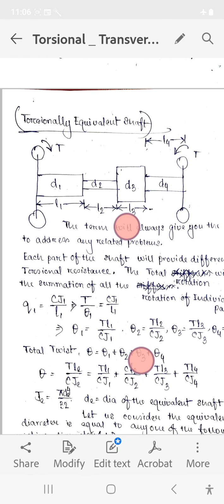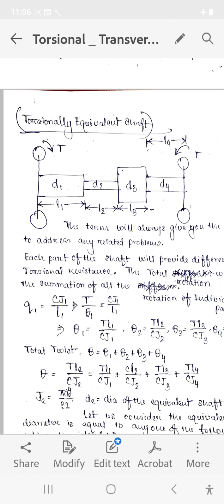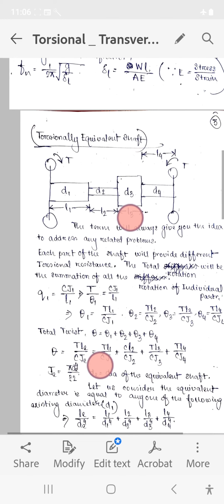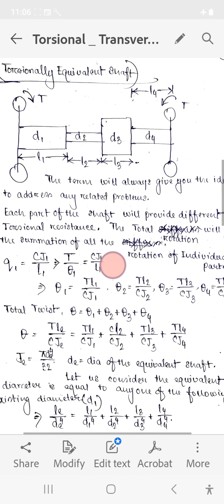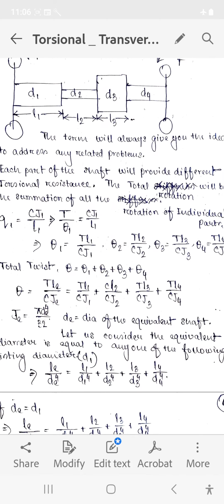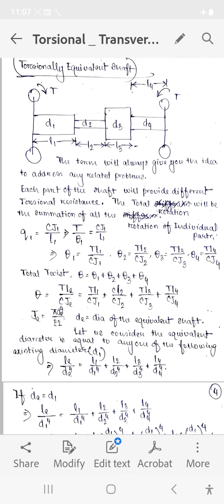Obviously about the centroidal axis, J1 will be pi d1 to the power 4 by 32, J2 will be pi d2 to the power 4 by 32, and similarly d3 and d4. Let D be the dia of the equivalent shaft. Let us consider the equivalent shaft dia is equal to any of the following existing diameters.